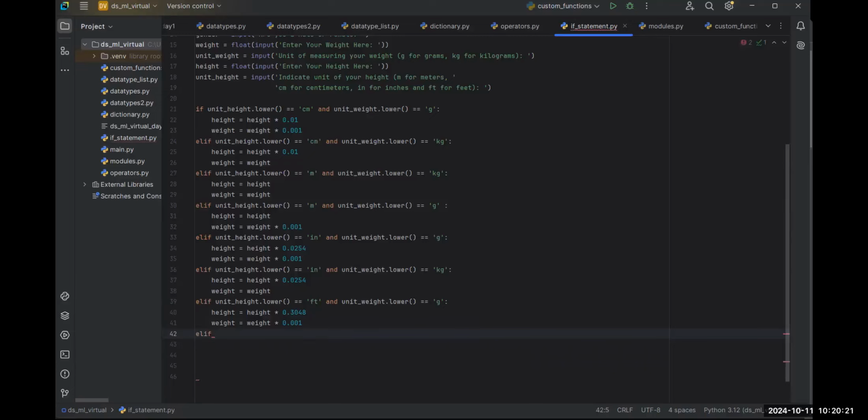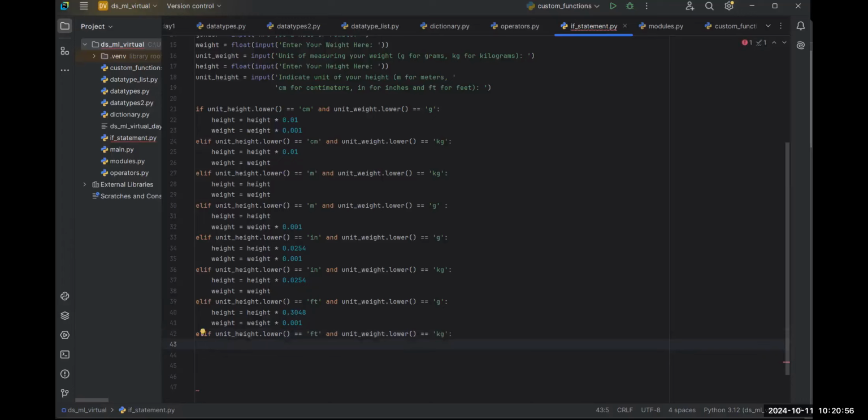Now, elif again for the last conversion. Elif unit height dot lower equal to feet, right? And unit weight dot lower equal to kilogram.